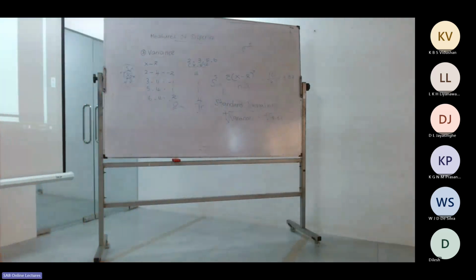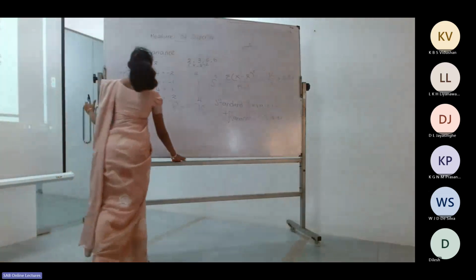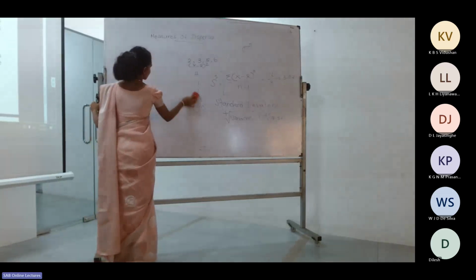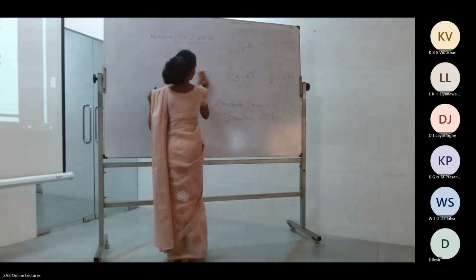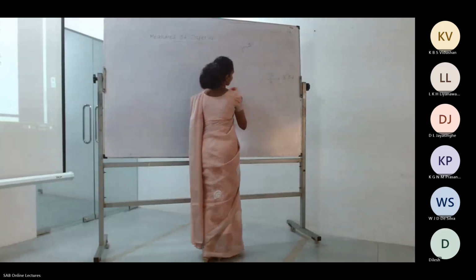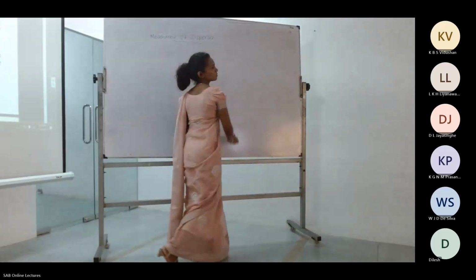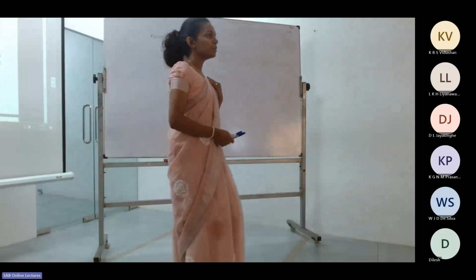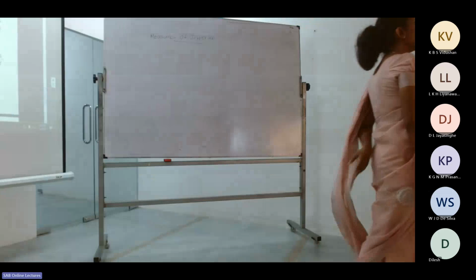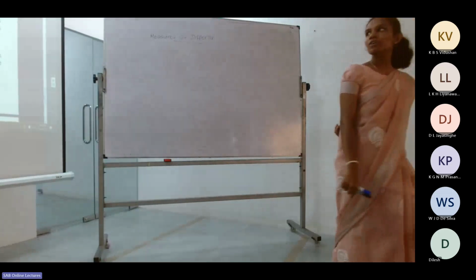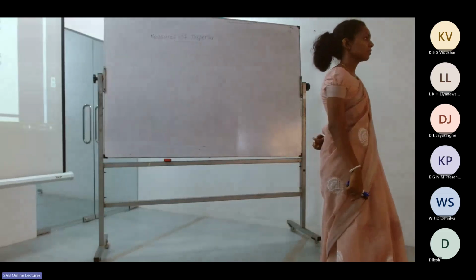Then the other one is the last one. When we need to compare two or more data sets, we use the coefficient of variation.